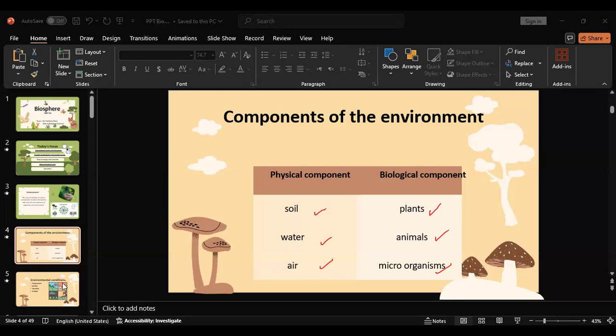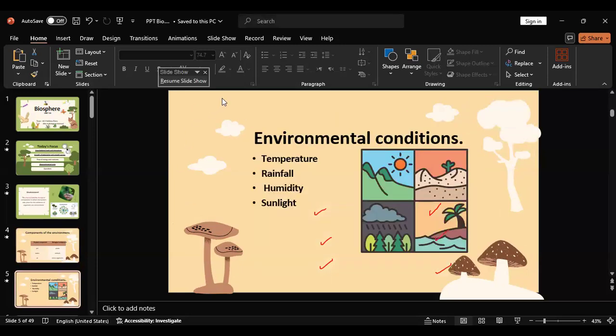So the next one. In addition to those physical and biological components, there are environmental conditions also. Just imagine a particular environment: there are physical components as well as biological components.